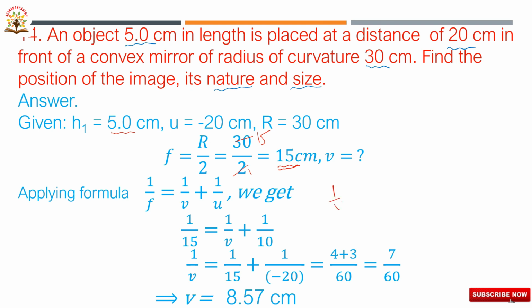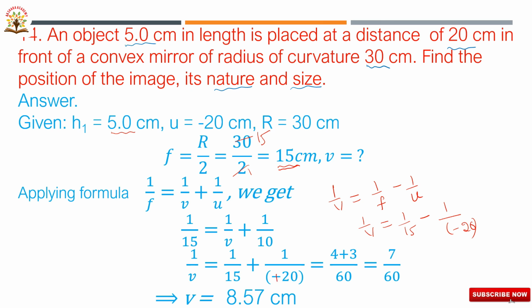So 1 by v is equal to 1 by f minus 1 by u. So here 1 by v is equal to 1 by 15 minus 1 by u, the u value is minus 20. Here minus into minus is plus.